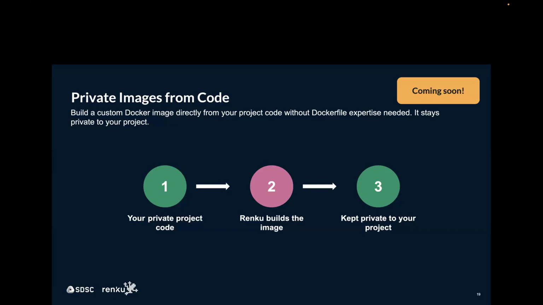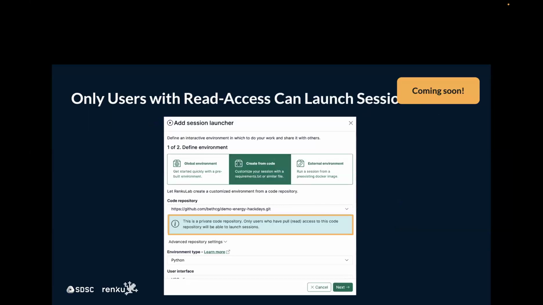One of the requests from many of our users has been: what happens with private repositories? This feature was only working for public code repositories. What is coming really soon and has been recently developed is being able to build these images from private code repositories. The workflow is exactly the same as for public code repositories.